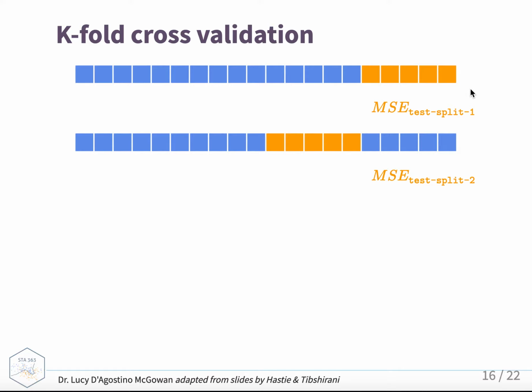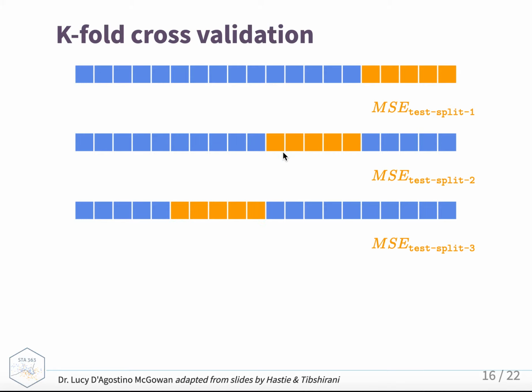The second time, I fit my model to these 15. So now I fit it to the 5 that I had previously used as my test data, and then these 10 at the beginning. Now I've left out this middle chunk, these 5, the orange 5. I fit this second model on these blue points, and I calculate my mean squared error using just these 5 left out points.